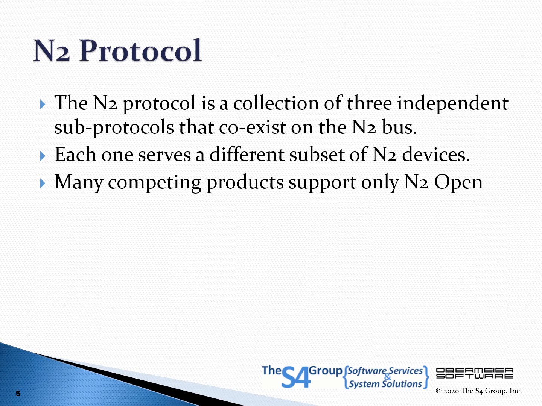System 91 is a N2 subprotocol that serves the DX9100 device and related family of products. N2B is the N2 subprotocol that serves the VMA family of products. You may hear people talk about N2 open and N2 closed devices. This terminology groups the System 91 and N2B subprotocols into the N2 closed grouping.